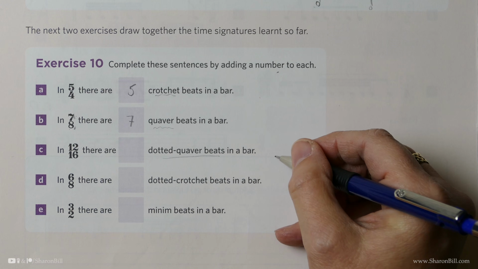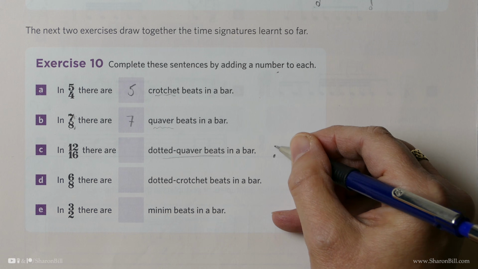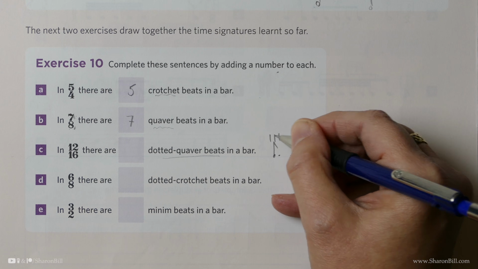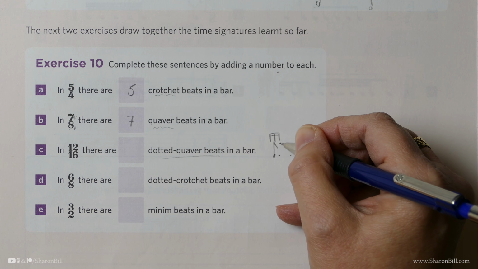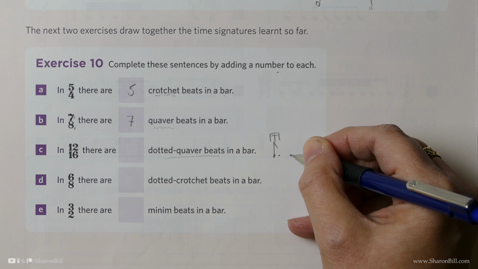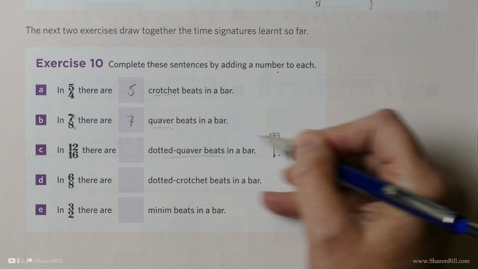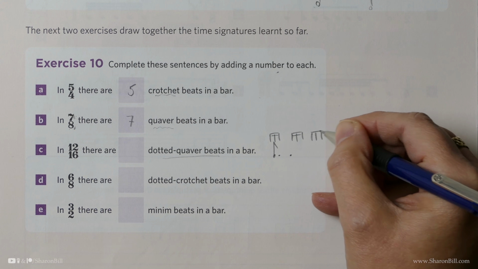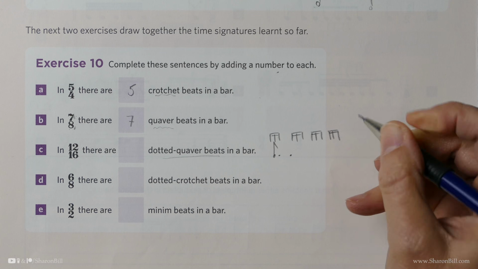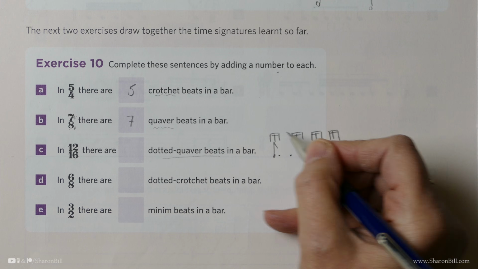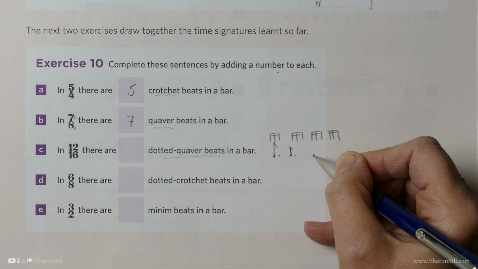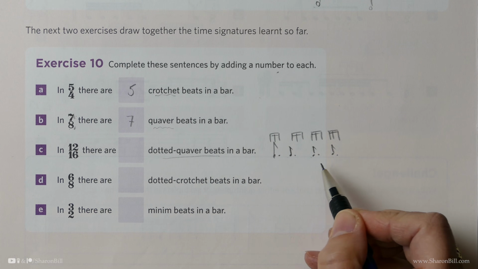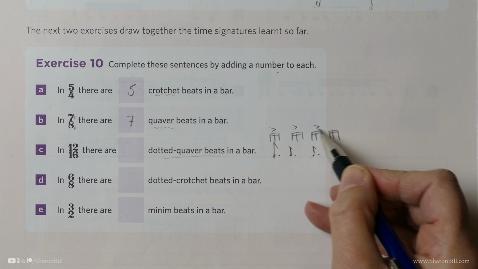This is quadruple time, where we have dotted quaver beats, and that divides into 3 semi-quaver beats. So we have 1, 2, 3. That's our 16 because we're counting in semi-quaver. So 1, 2, 3, 4, 5, 6, 7, 8, 9, 10, 11, 12. All grouped in 3s because we're in compound time. And that means we get 4 groups of 3 or 4 dotted quaver beats per bar. It's actually 4 beats per bar there.